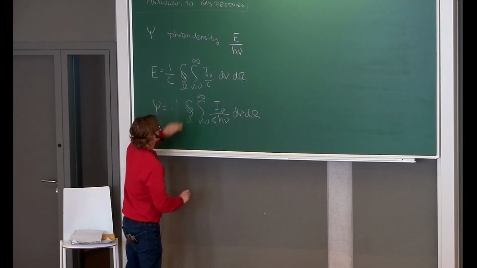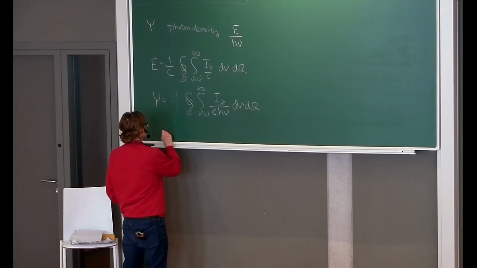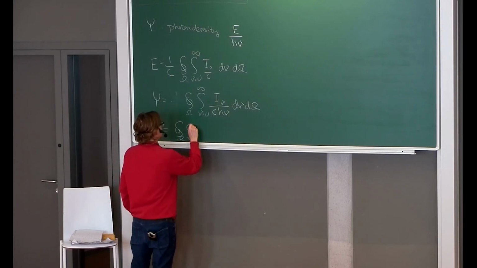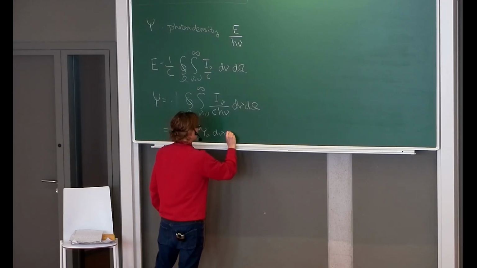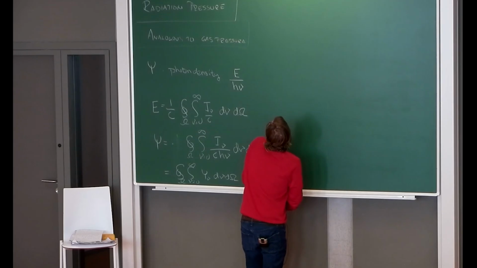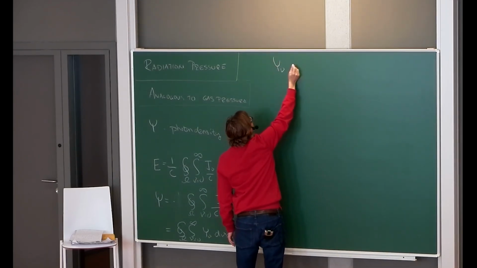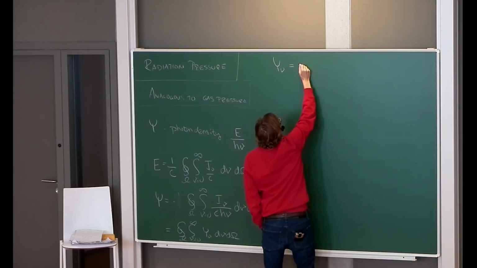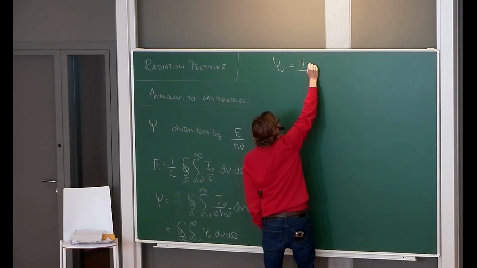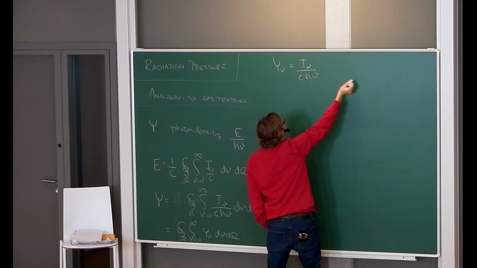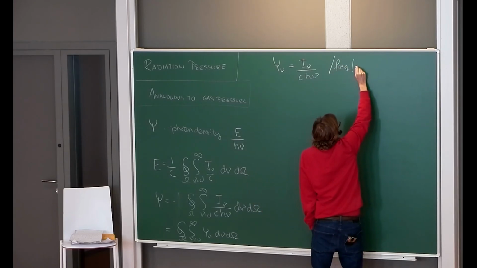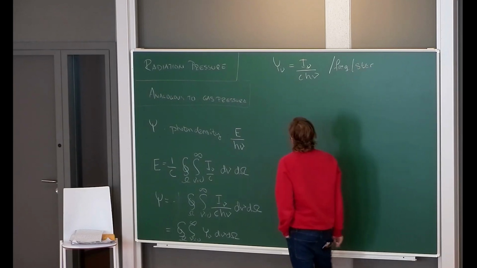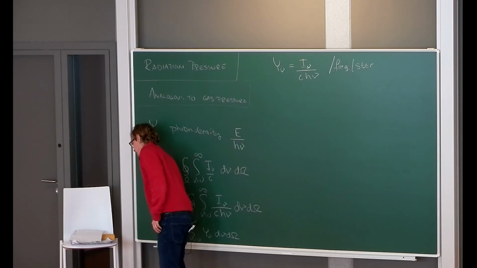I need either the c there or the c there, which you can also write like this, where then our n nu is just I nu divided by c h nu, and that's the photon density per frequency, per solid angle, or per steradian.